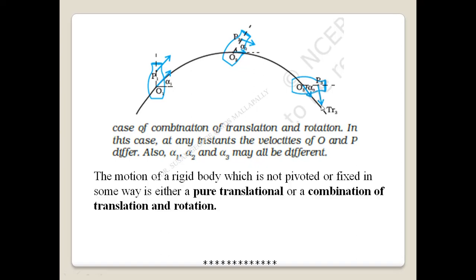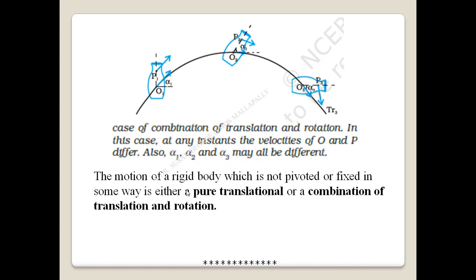And we have P3 pointing in this direction and O3 pointing in this direction. Therefore, the angle will be different. So we can conclude, in the case of a combination of translation and rotation, the velocities of O and P differ. Also, alpha 1, alpha 2 and alpha 3 may all be different.